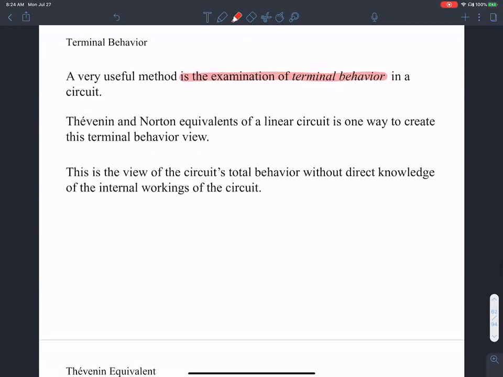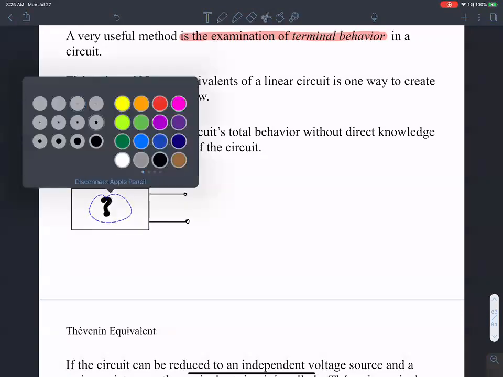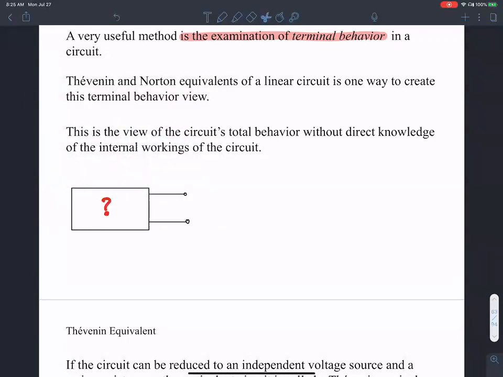So in other words, let's say I have a black box of a circuit. I have a circuit that looks like this, and I really don't know what's going on inside. I have no idea of what's going on inside. Most oftentimes I may not be able to know what's really inside this circuit, and I don't even care.